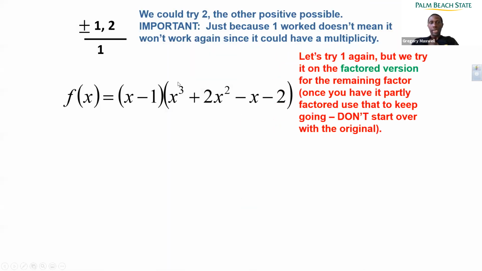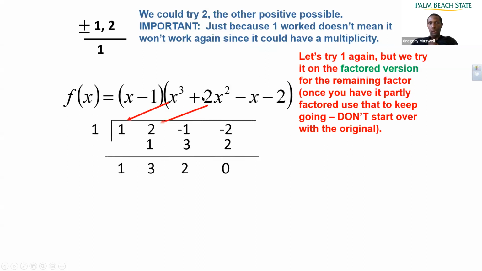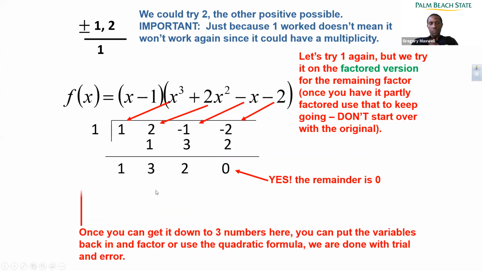Okay, so I take this piece and I plug in 1 again, and it turns out to be 0, which tells me that 1 is a factor again. So I do the synthetic division and I get x squared plus 3x plus 2, which tells me that this expression is x minus 1 times x minus 1 times x squared plus 3x plus 2.